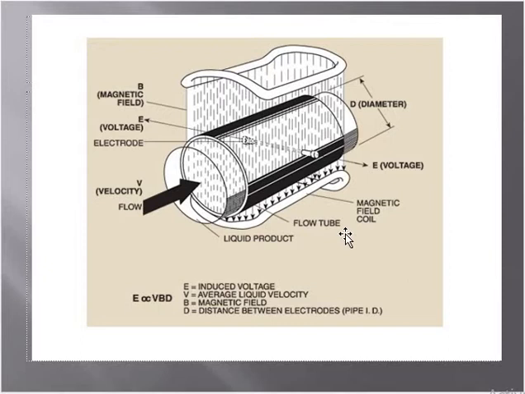The voltage is picked up through the electrodes, and velocity is developed by the flow. So we consider these things and measure the velocity of the flow.